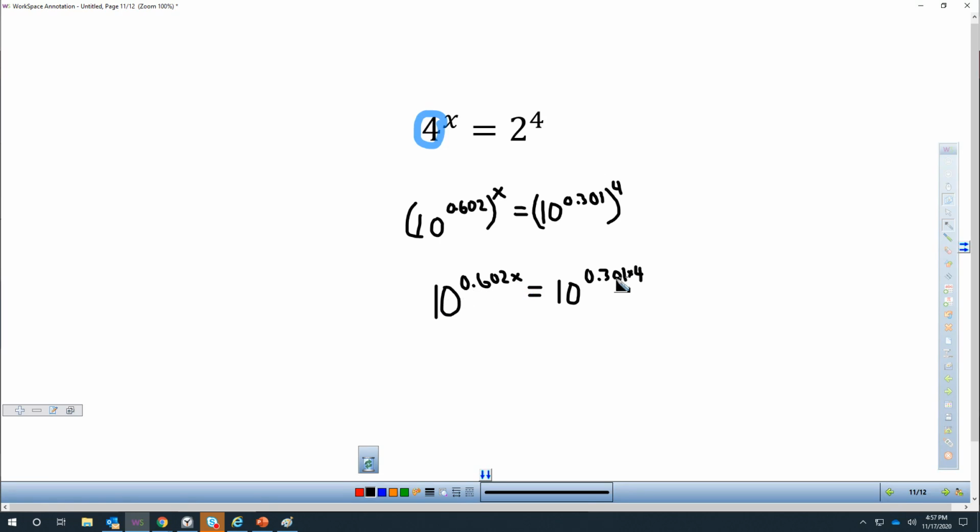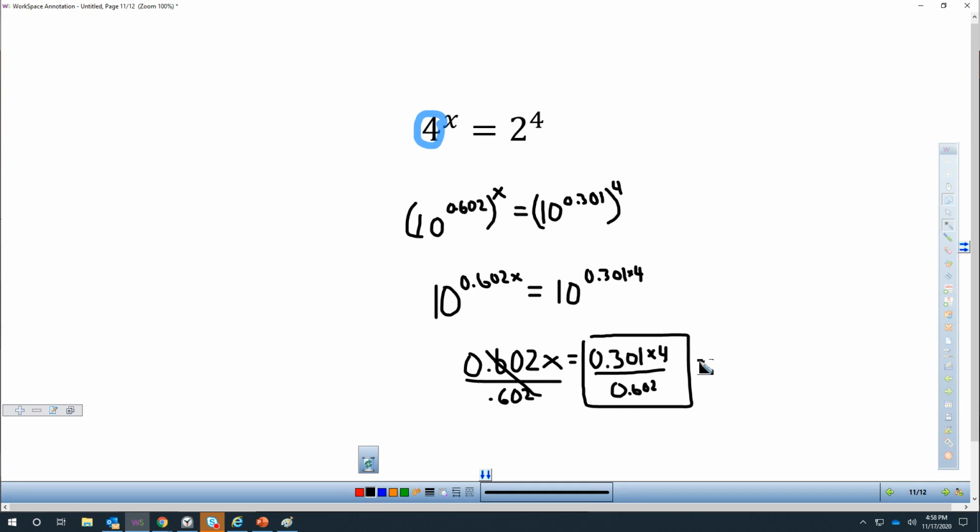But here we've got the same base, and this tells me that 0.602x should be equal to 0.301 times 4, whatever that is. Okay, and if I divide both sides by 0.602, I will get my answer. It's kind of hard to tell what this equals, but it's going to equal 2.